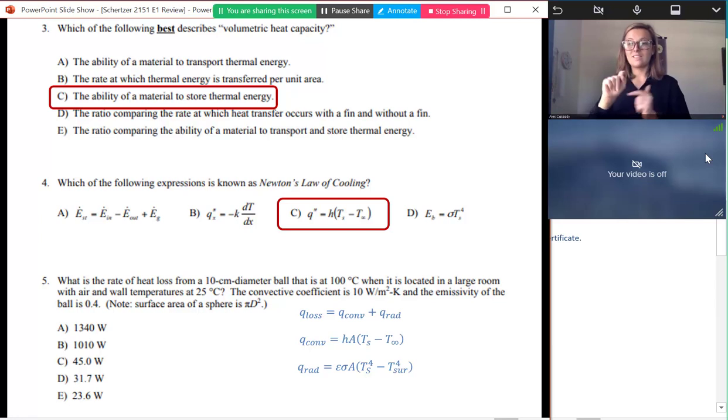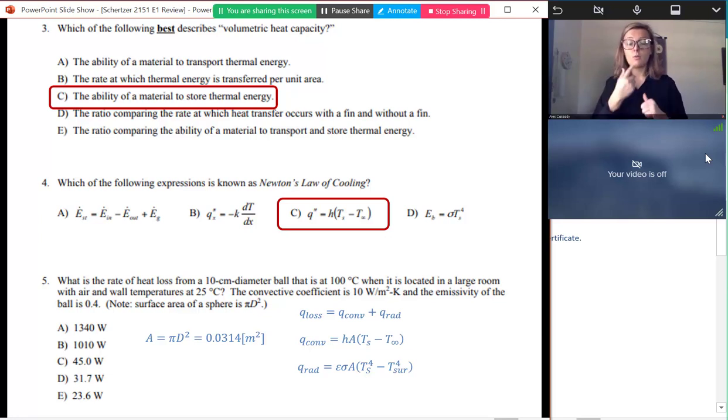So in here is the assumption that we have a small object, my ball, in a large enclosure, which is the room. To do both of these things, I need to calculate the area, but the problem tells me how to calculate the area of a sphere, just in case I forgot.